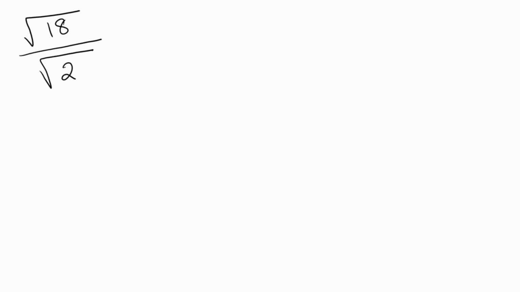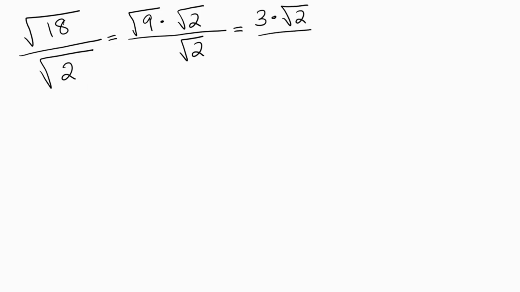Okay, so I'm going to use a rule that says I can break up my radical, and I'm going to do a factor of it. So 18 has the factors of 9 and 2. So I'm going to do square root of 9, square root of 2. And on the bottom, I just have my square root of 2. And the square root of 9 is a perfect square, and it's actually 3. So then I have 3 square root of 2 over square root of 2.